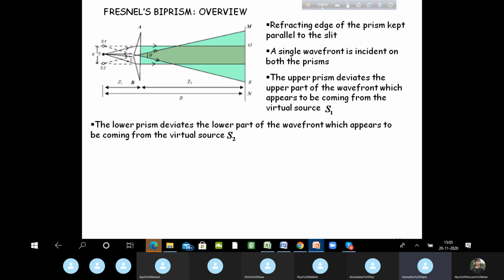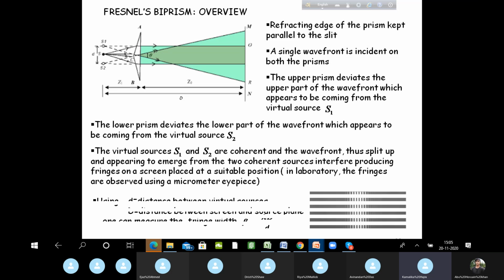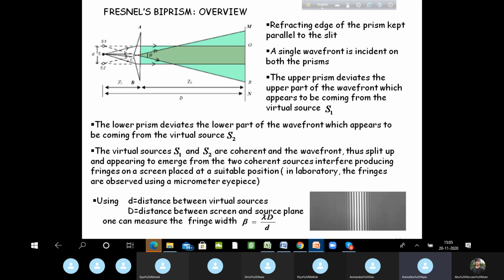I'm not going into the details because this is an experiment that you need to know, as it was there in your practical syllabus. You can read through, I have explained it in detail. This is the kind of fringe that you get, and this is the fringe width. So that more or less covers interference due to division of wavefront.